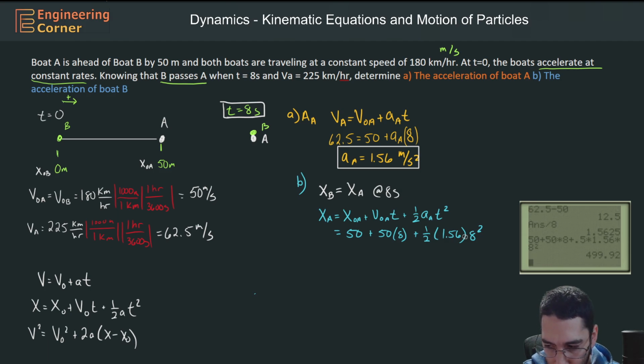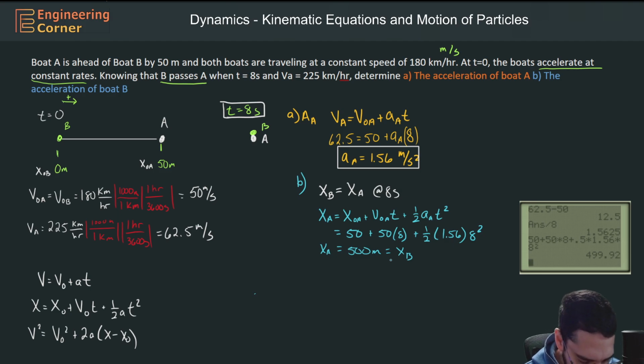So I know my final position is 449.9. I'll call that 500 meters. Okay, so I know this is equal to x of A, my final position of A. This is also equal to x of B, my final position of B.